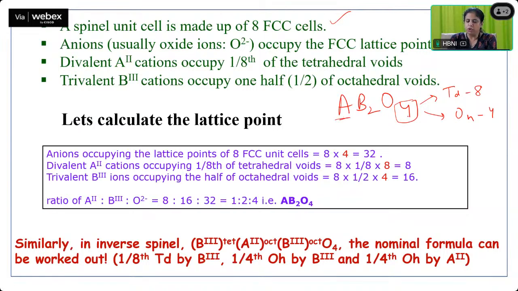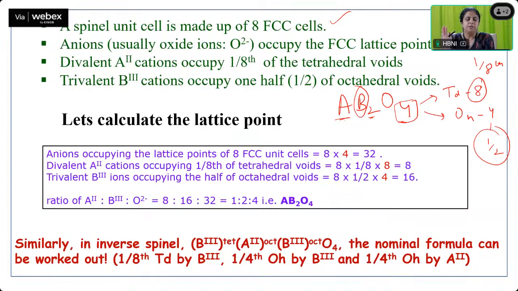But if you see the stoichiometry, for every 4 oxygens, you have 1 A. So only 1/8 of the tetrahedral holes are occupied. All right. The B cations occupy octahedral holes. But again, since they are half the number of your oxygen, half of the octahedral holes are occupied.